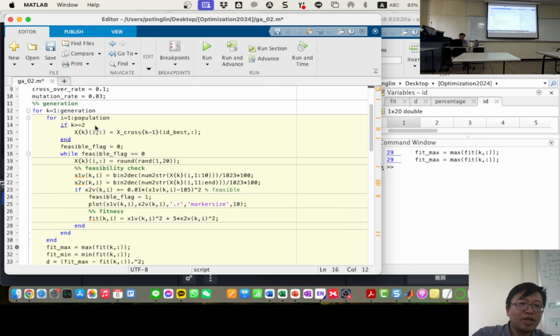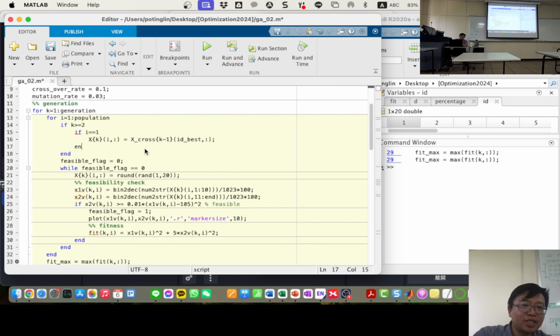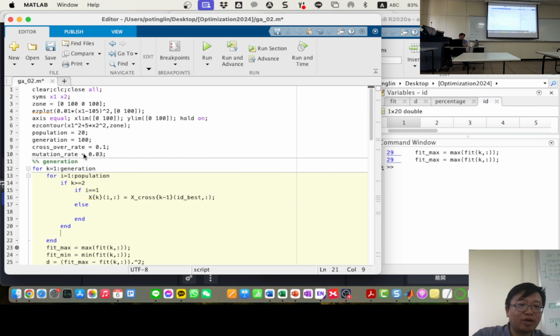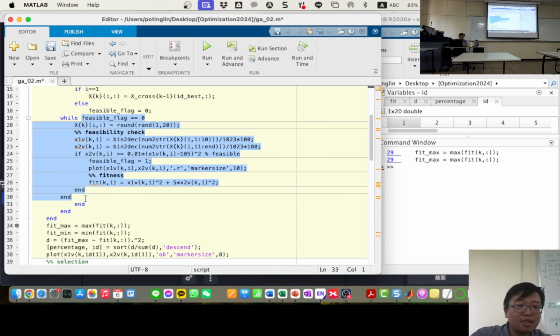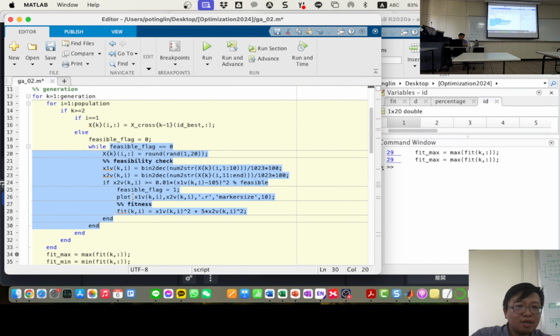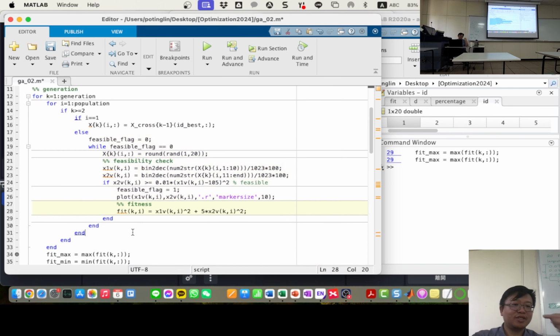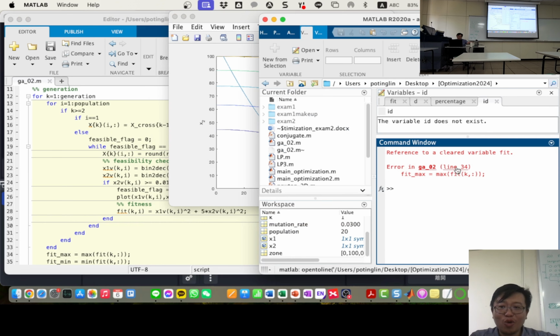I should say if I equals to 1, then do this. Otherwise, do the rest. Okay. If k is larger than 2 when I equals to 1, take the overall best from the previous, otherwise do whatever we did. Okay, should be correct now. No, why?